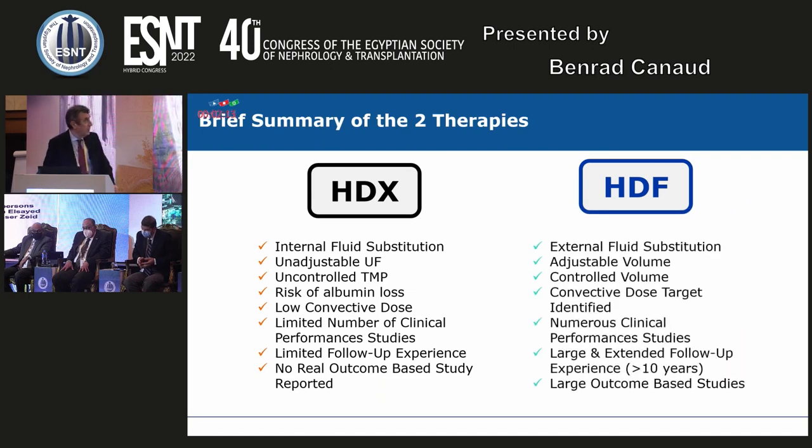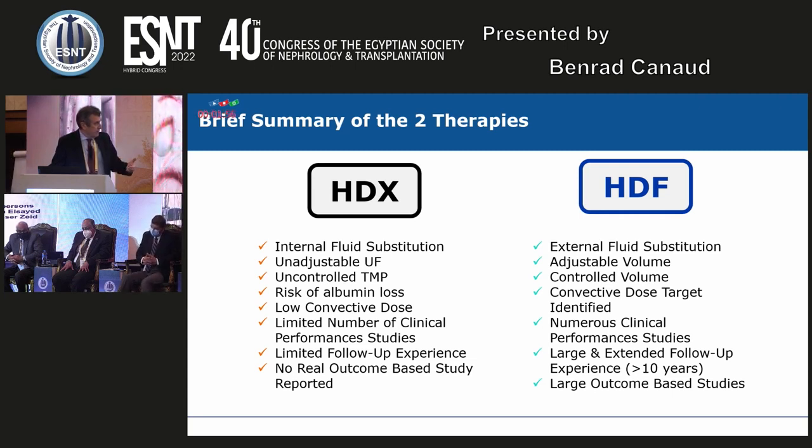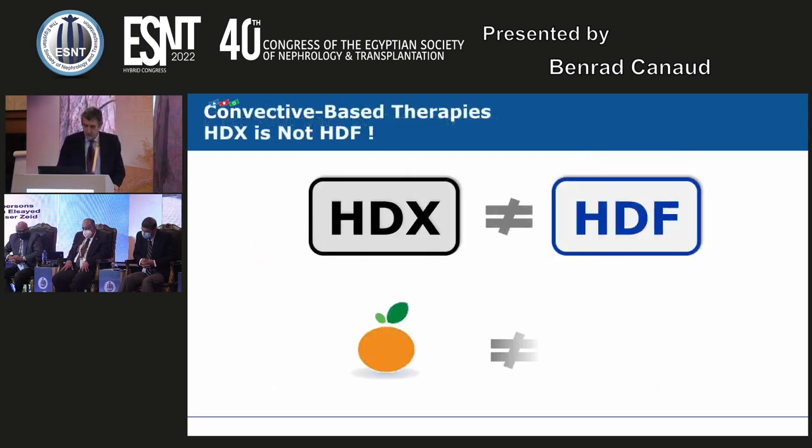Just a summary of what I said about expanded hemodialysis versus hemodiafiltration. I don't want to go into detail, but the TMP and convective dose are not perfectly controlled, except depending on the blood flow and resistance. We get a lot of clinical performance data, which is fine, but we are missing a lot of outcome-based studies as compared to hemodiafiltration.